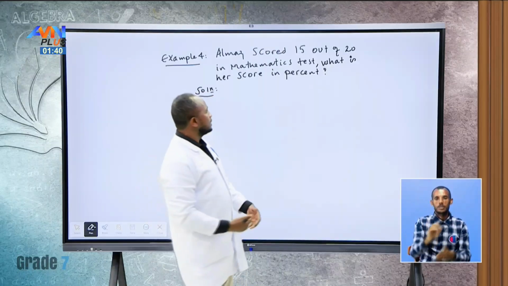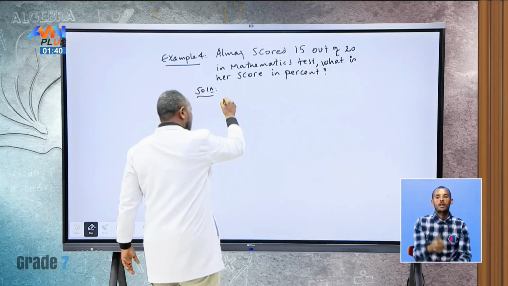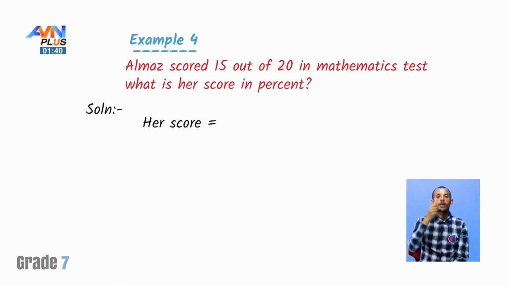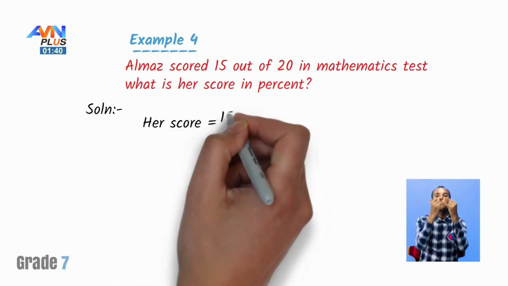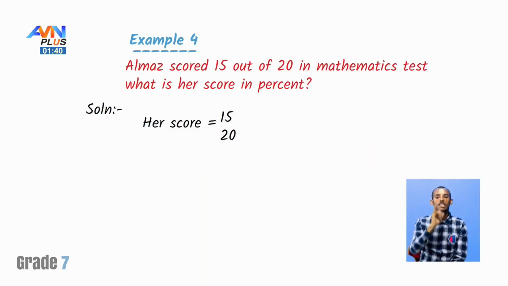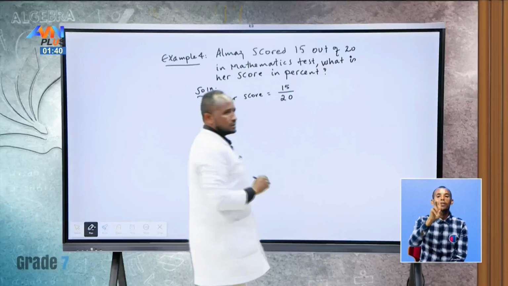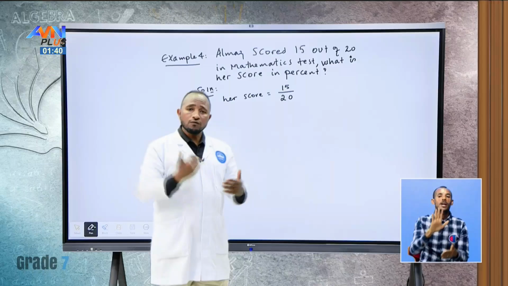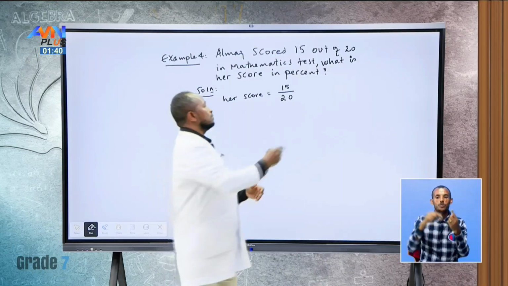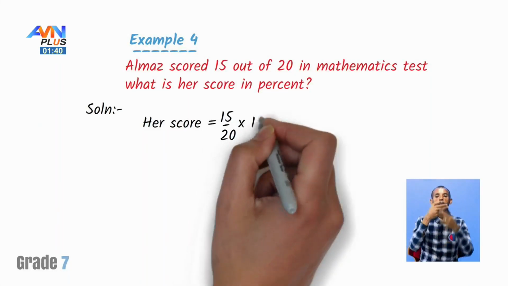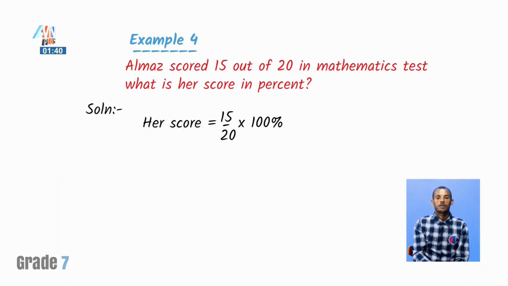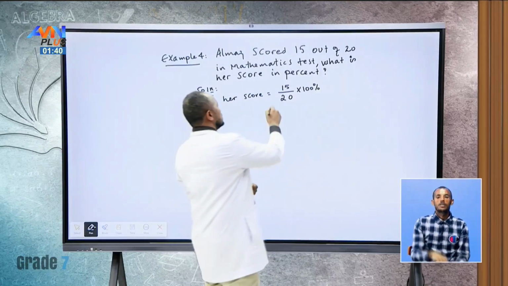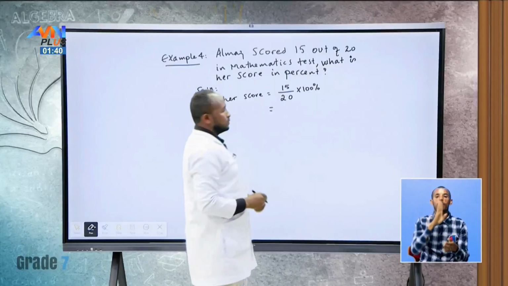Therefore, her score in fraction form is 15 out of the total 20 questions. I can convert this into percent by multiplying by 100%.